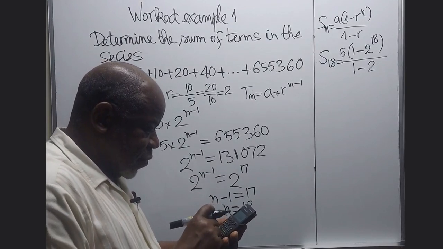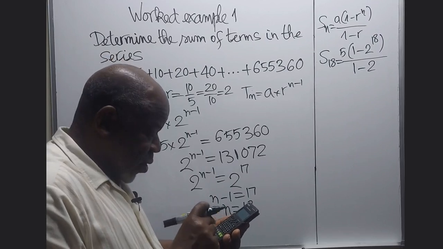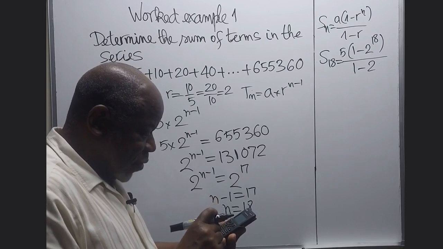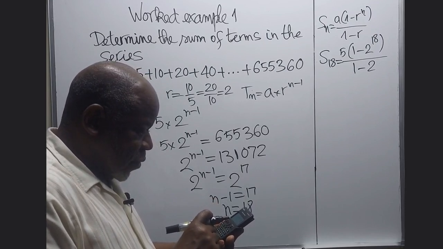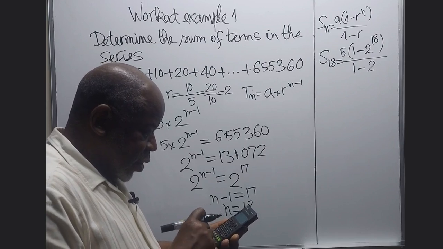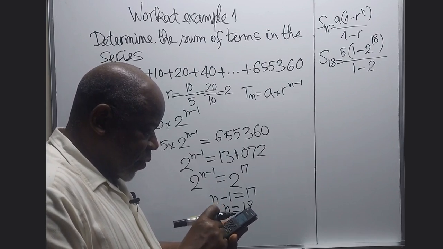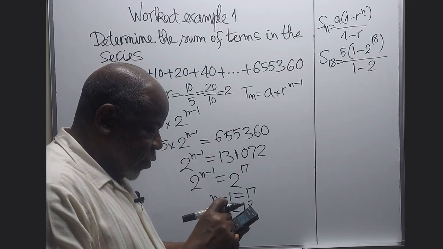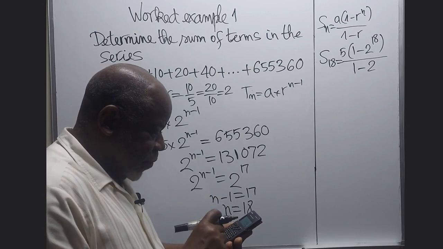5 times 1 minus 2 to the power of 18 over 1 minus 2.